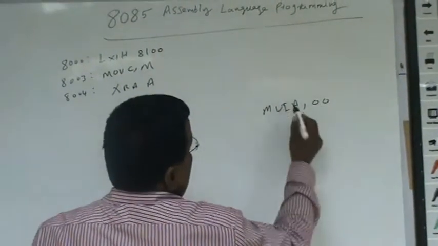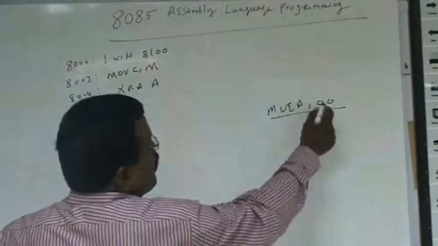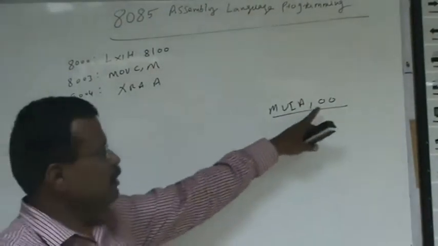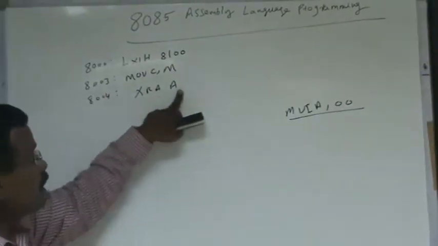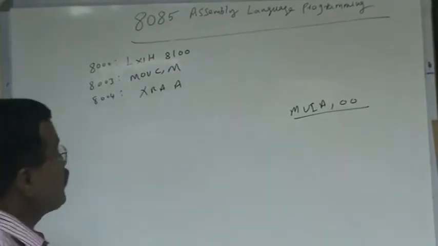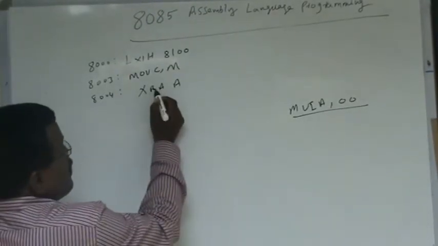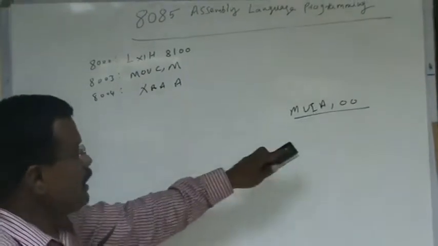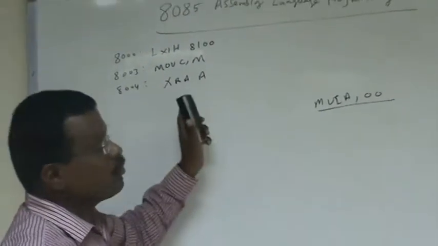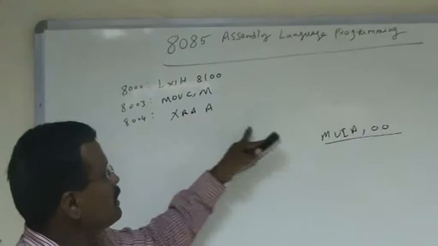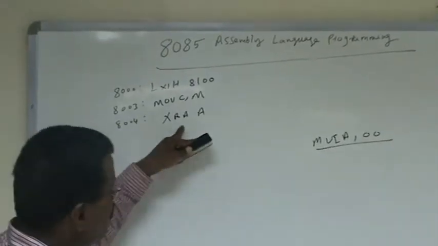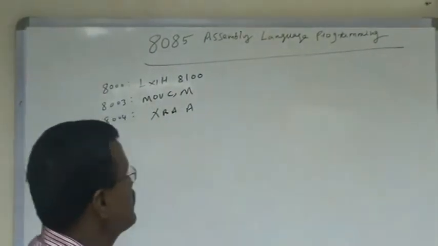But if you use this instruction, it will require two machine cycles, one opcode fetch and one data move. Here it consists of only one machine cycle. While writing a program, you have to save memory. Both do the same work, but MVI is a 2-byte instruction and this is a single byte instruction. So we have to prefer the single byte instruction, XRA A.